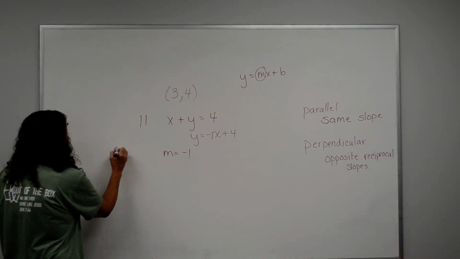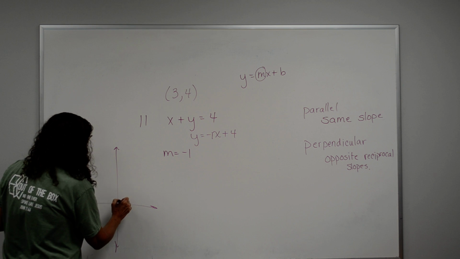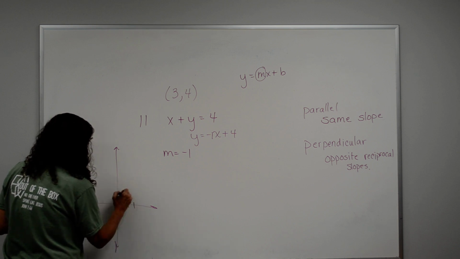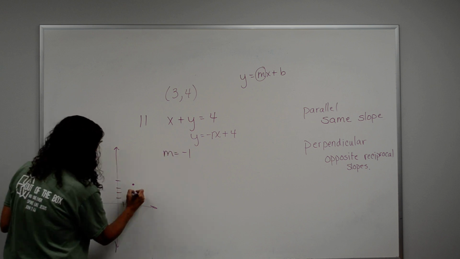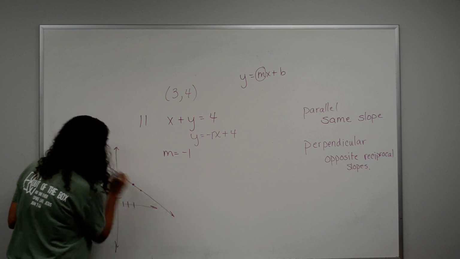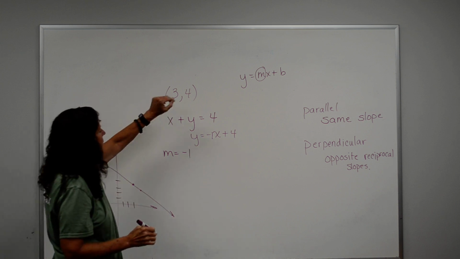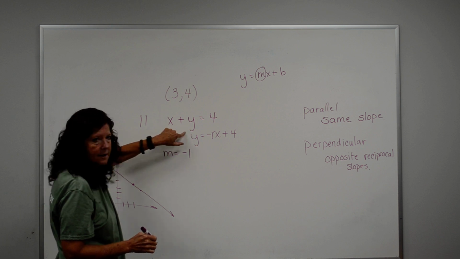So what I'm going to do, because they asked me to graph it, I'm going to graph that point. I'm going to apply my slope, so I'm going to go down 1 and over 1. Okay, that is the graph that goes through 3, 4 and is parallel to this line.